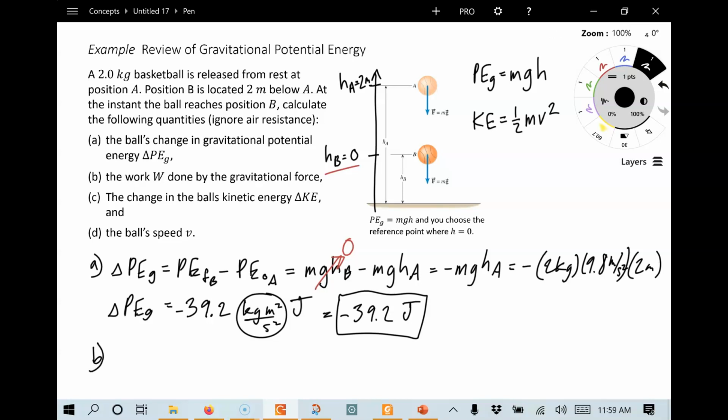Let's look at part B, the work done by the gravitational force. Well, the gravitational force pulled it down and it moved down, so its displacement has been in the direction of the force. It's sped up. That means the force has done positive work. And in fact, there's a real simple way, because gravity is what we call a conservative force. Whenever that's the case, we can directly relate the work done by the force with the change in potential energy for that force.